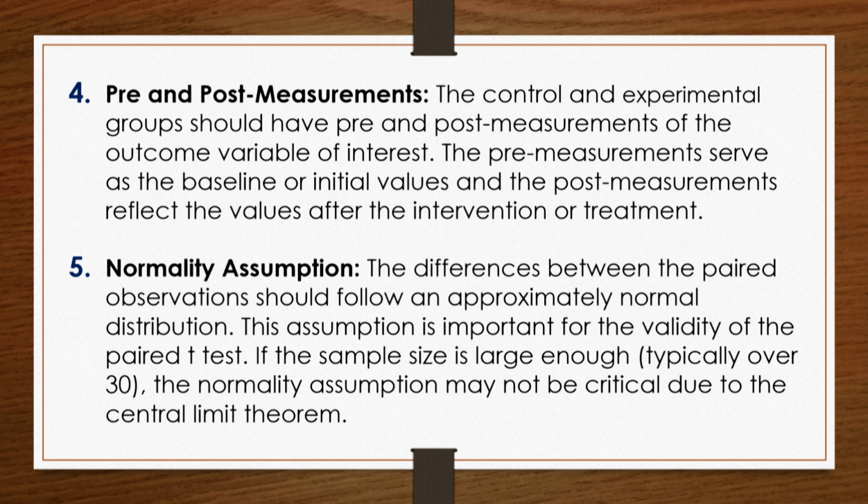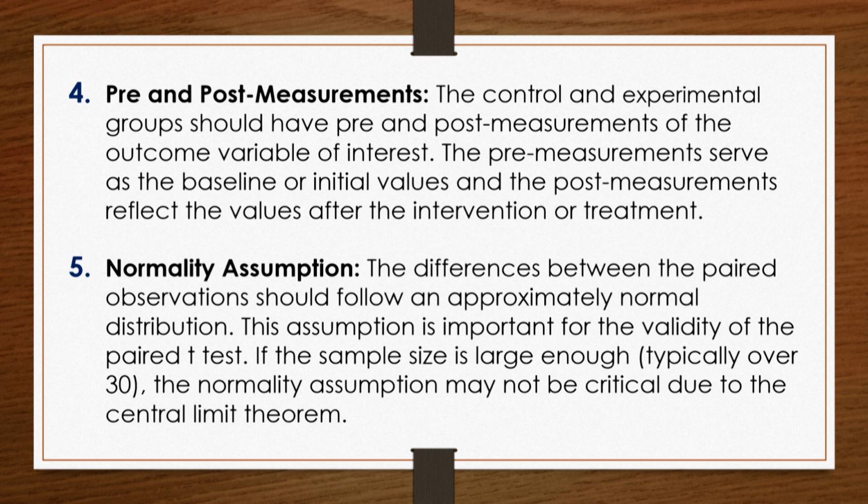The control and experimental groups should have pre and post measurements of the outcome variable of interest. The pre measurement serves as a baseline or initial value, and the post measurement reflects the values after the intervention or treatment.